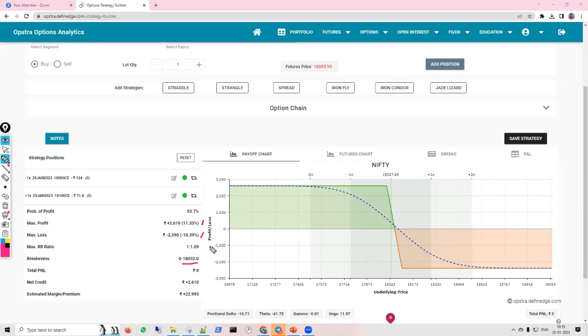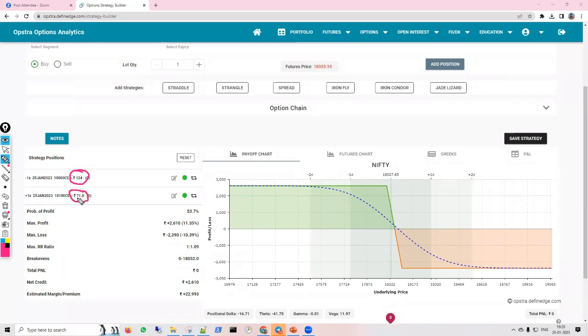If it is somewhere around 18,200, we will be in loss. Now, how is that loss calculated? Again, just see. This is your input, or this money you are receiving, right? 124 you have shorted, and you are receiving this money, and you have gone long and you are paying this money, right?